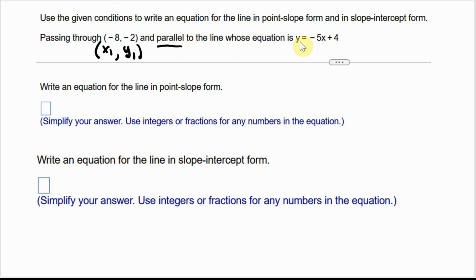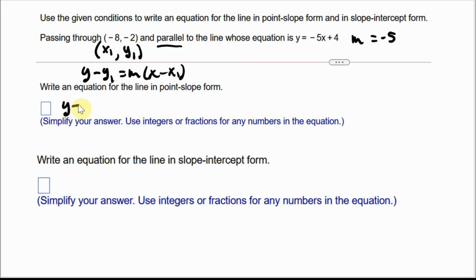If the line I'm looking for is parallel to the given line, that means the slopes are the same. So I just extract from here that m is equal to -5. I'm going to write it in the form y minus y sub 1 is equal to m times x minus x sub 1.